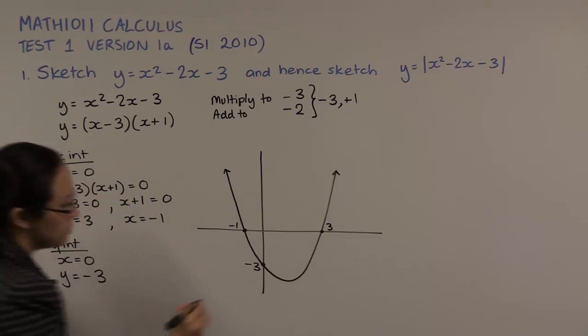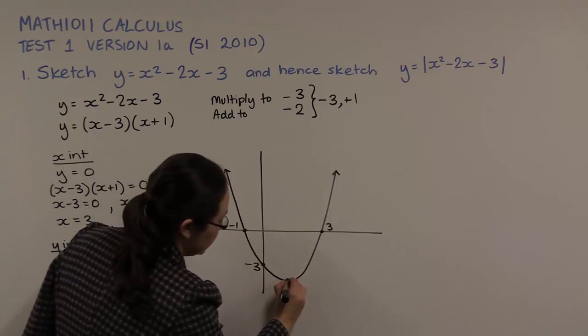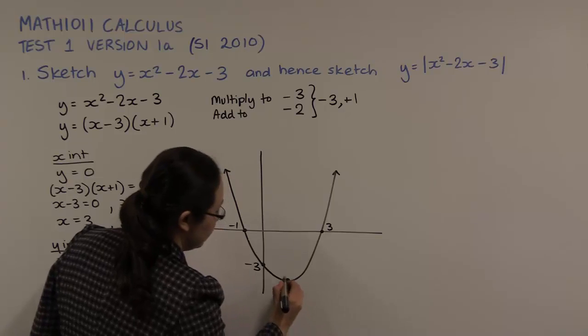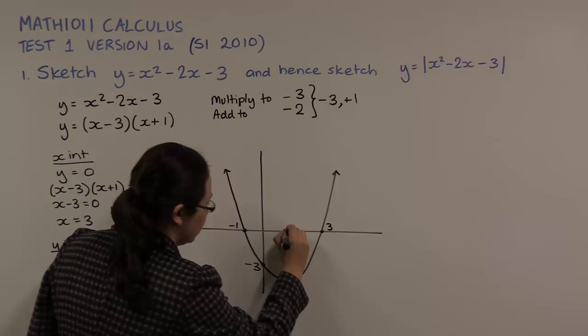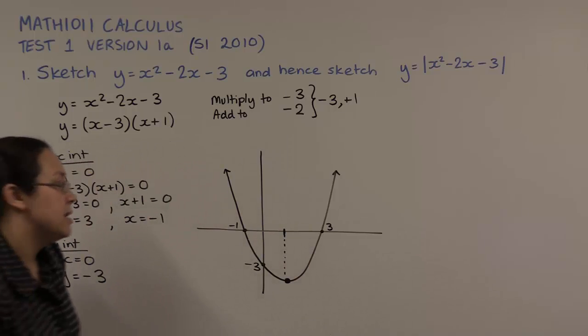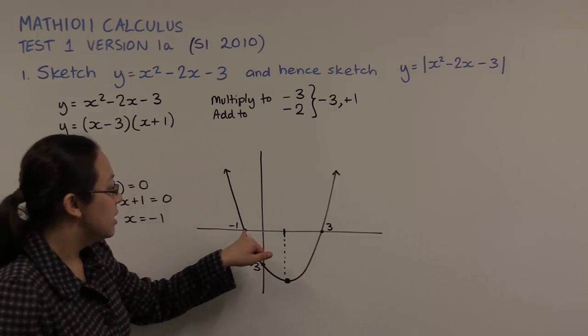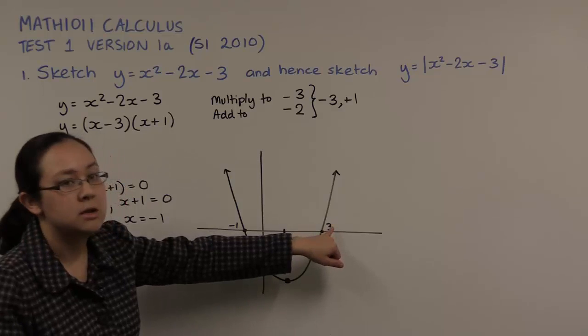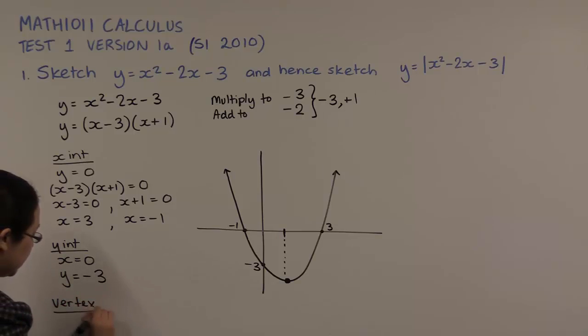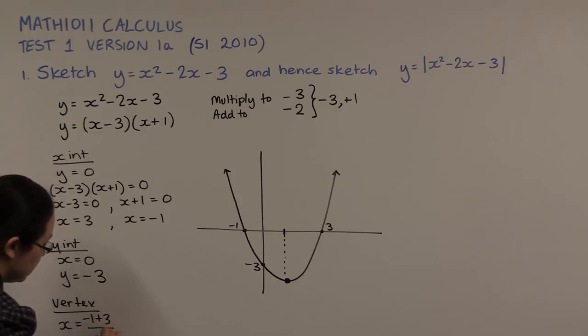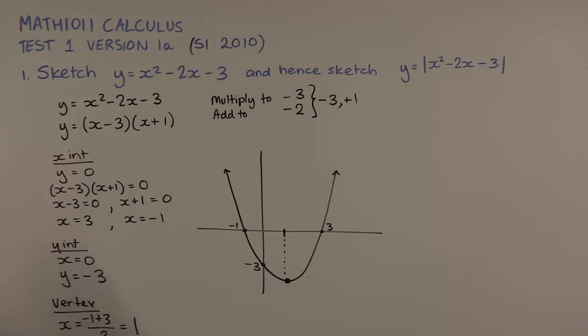Now the vertex of a parabola, that's this bottom point down here, its turning point. And that turning point will always occur halfway between the x-intercepts, if they have x-intercepts. So halfway between minus 1 and 3, well, that's just 1, but you could work that out by averaging the x-intercepts. So the vertex will be x equals, well, the average of minus 1 and 3, which we can do in our head. That's just x is 1.